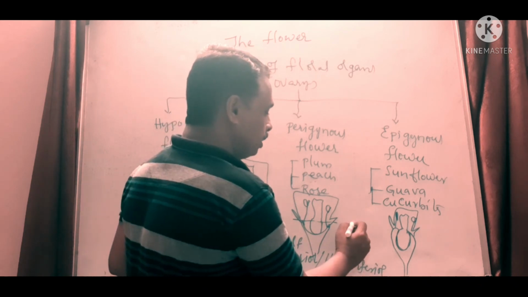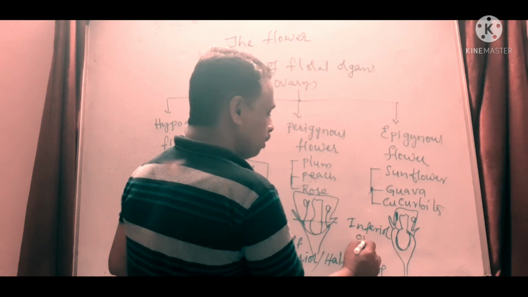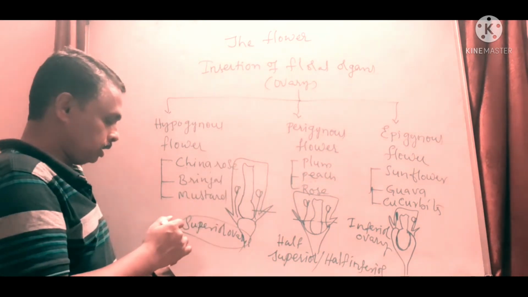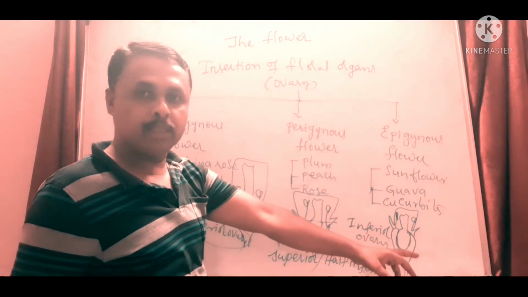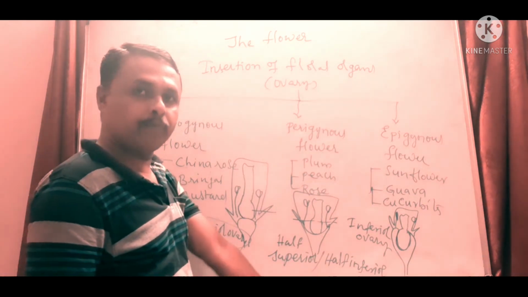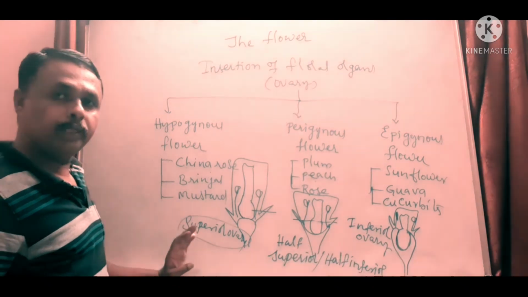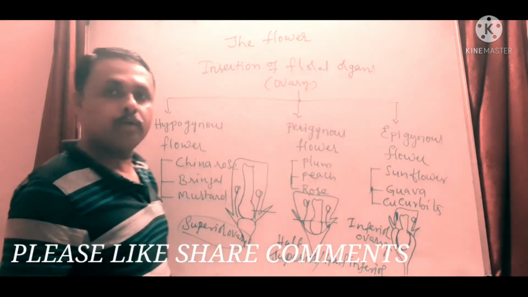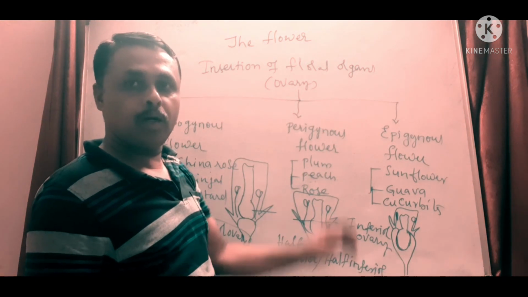So here we have an inferior ovary. Such a flower is called an epigynous flower. Here the ovary is totally inferior. Here is half superior, half inferior ovary. In a hypogynous flower, a superior ovary can be seen. So these are about insertion of floral organs based on the position of pistil or ovary.